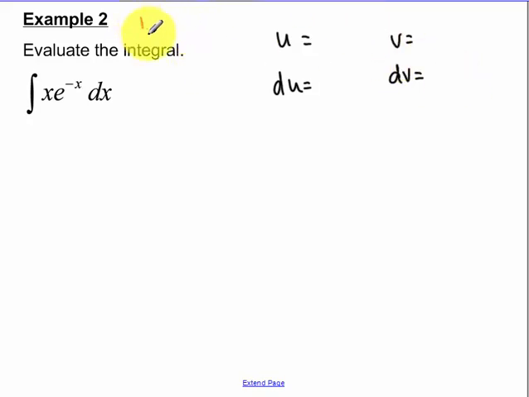So remember LIATE, log. There's no log functions. No inverse trig. Next is algebraic. Exponential is the last thing. I don't worry about the e to the x. A, algebraic. U is x. Okay, so this is my u. Everything else is your dv.